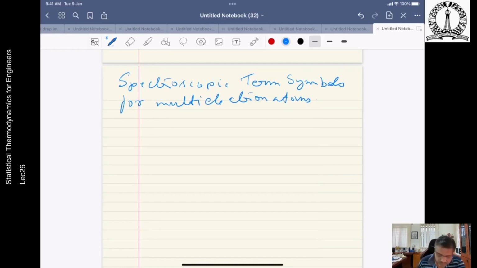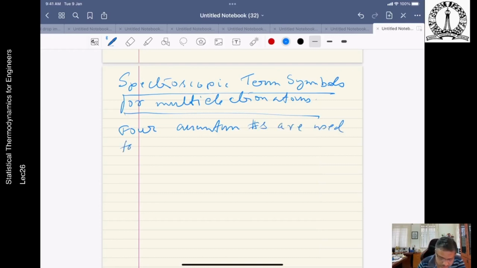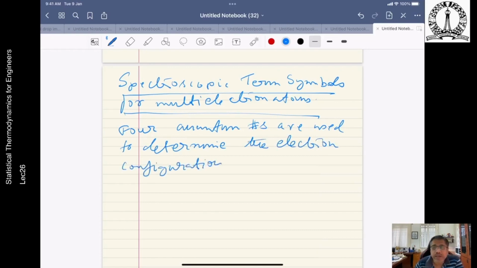So basically four quantum numbers are used to determine the electron configuration, but that is what we saw in the last lecture.